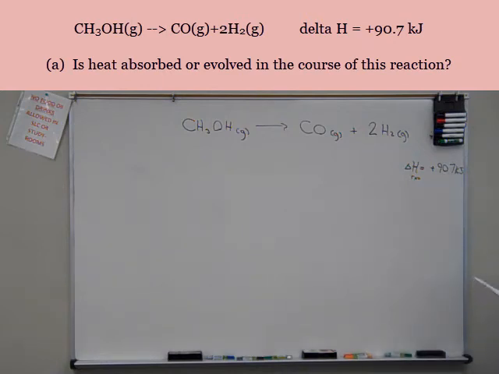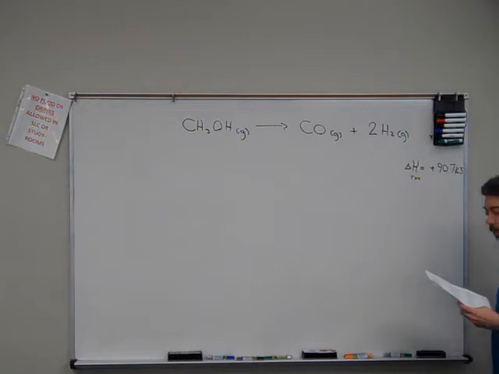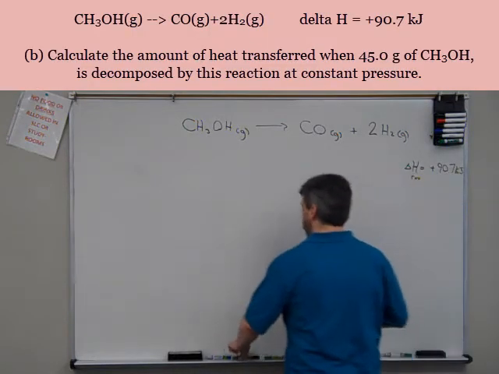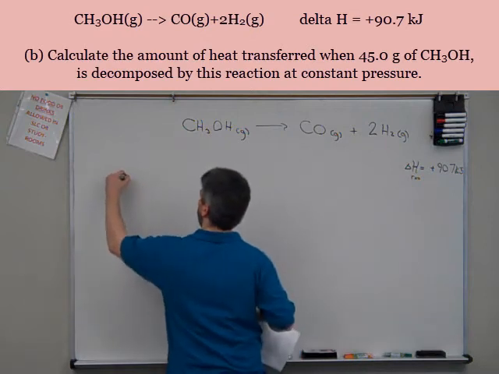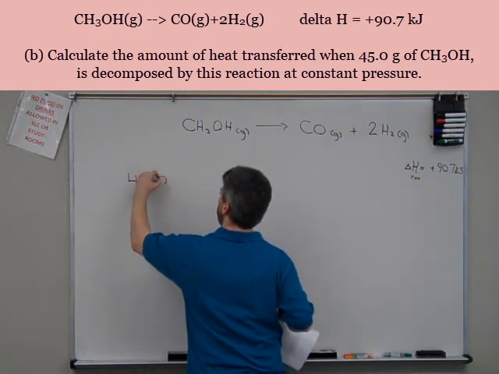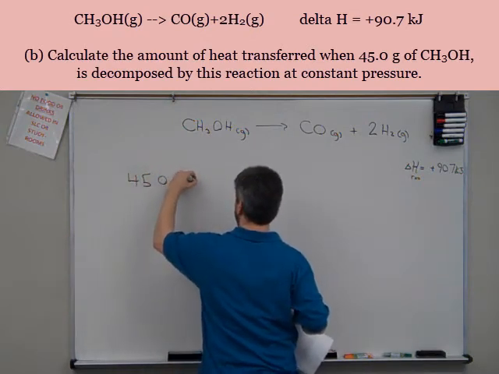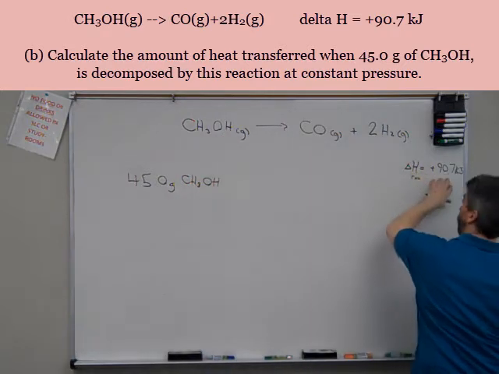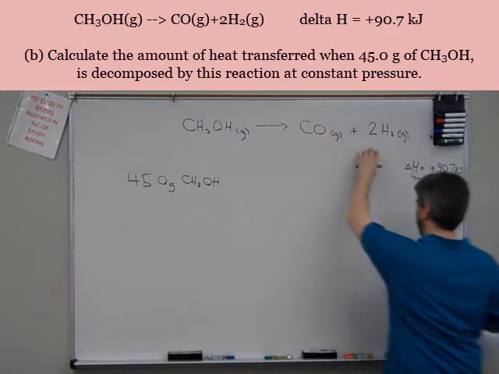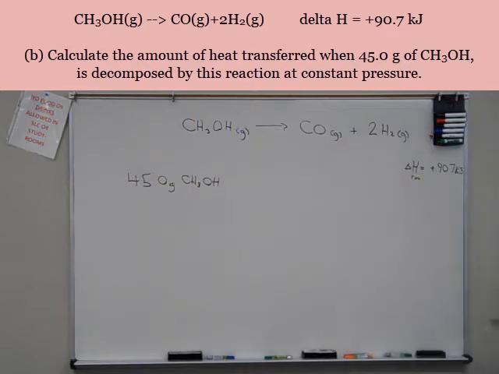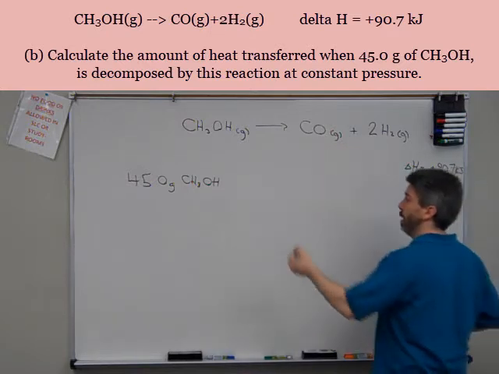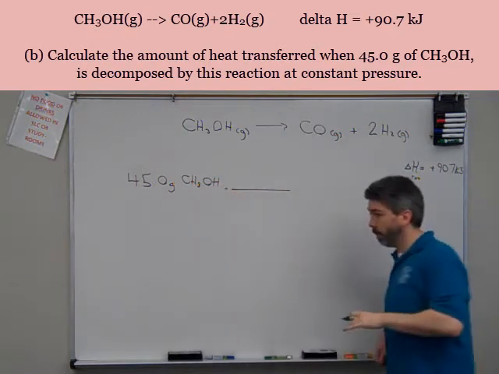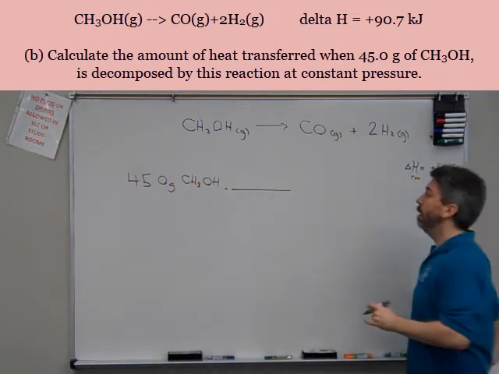So this amount refers to the coefficient, the number of moles of each of these substances in this reaction. It says calculate the amount of heat transferred when 45 grams of CH3OH is decomposed. So I can start with 45.0 grams of CH3OH. But since I know that this heat refers to the moles of each of these, I'm going to need to convert the grams to moles first, before I do anything else.